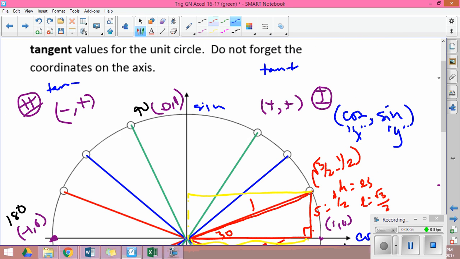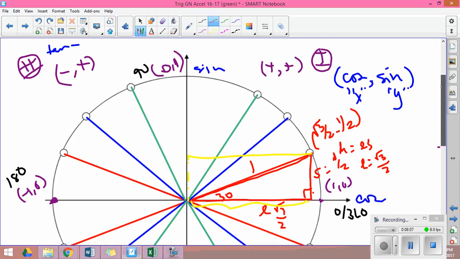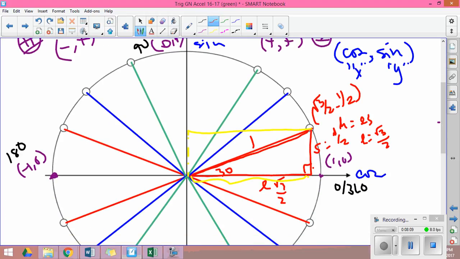Now, the reference angle part of this: if you look, I have red angles that all coincide. These are all 30 degrees. If I did the math, they would all have the exact same length out this way of the square root of 3 over 2 and height of 1/2.